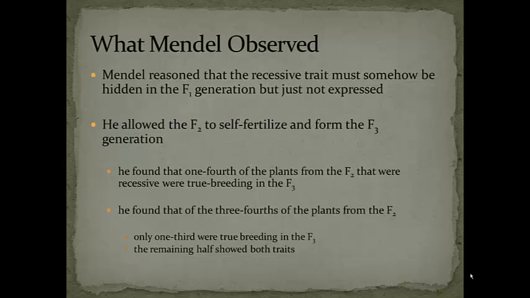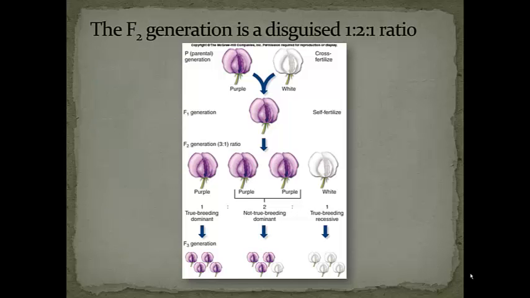So he allows the F2 generation to self-fertilize, and he has a look-see at the F3 generation. And let me actually describe this while looking at the picture. So the plants expressing the recessive trait, when they self-fertilized, all he got were plants expressing the recessive trait. So those were true breeding.